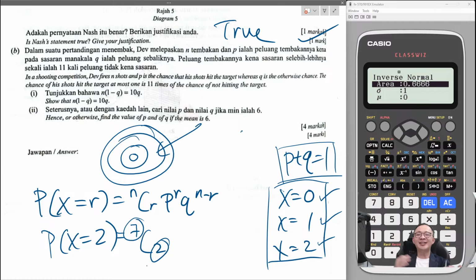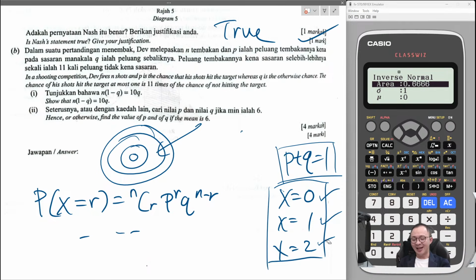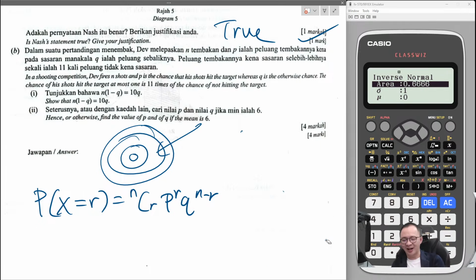Okay, so right now it's about understanding the thing. At least you understand what is x, what is r, what is p, what is q. Okay, you understand all this, then we start to read the second complicated question.